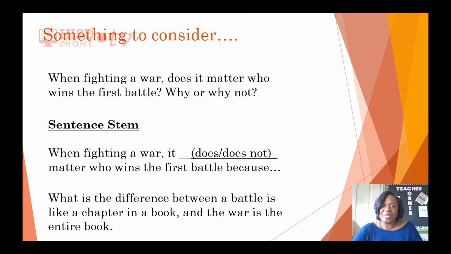Say if you're reading a big book, the war would be the book. And then we can say that the battles represent the chapters in the book. So it takes up every chapter to make up that book. This is probably what you'll find as we read more about the American Revolution, that there's little battles as we go through that lead up to the big war.